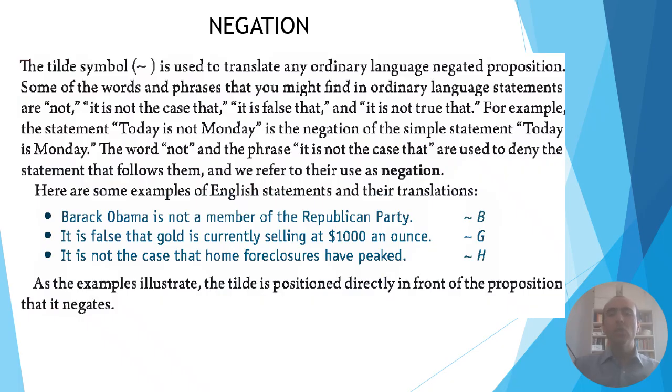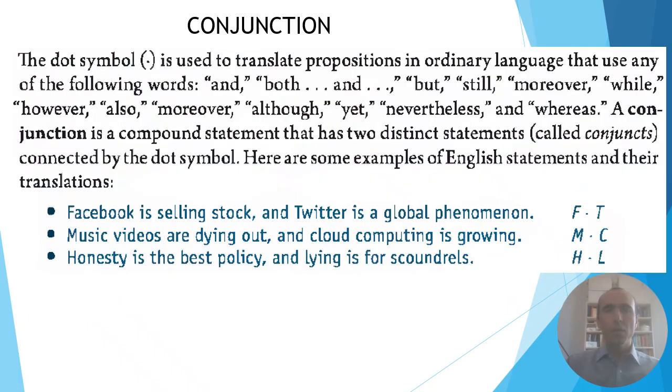Tilde G. G here stands for gold is currently selling at $1,000 an ounce. It is not the case that home foreclosures have peaked. Tilde H. H stands here for home foreclosures have peaked. As the examples illustrate, the tilde is positioned directly in front of the proposition that it negates.